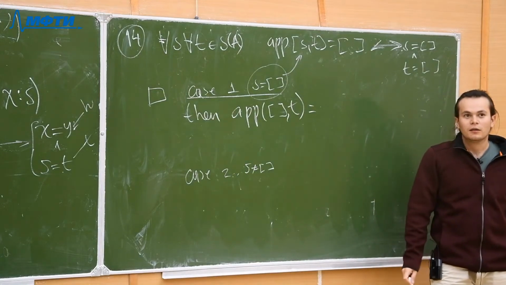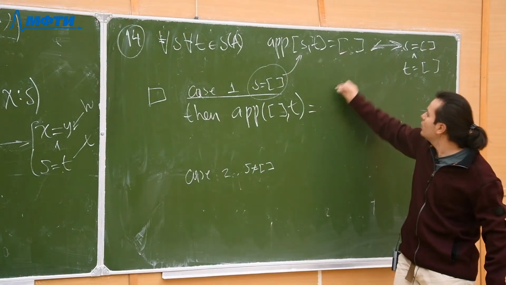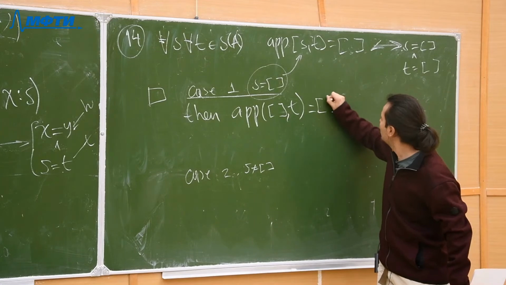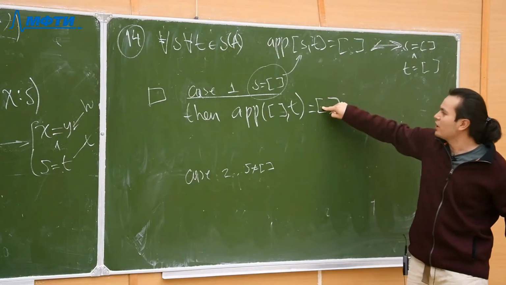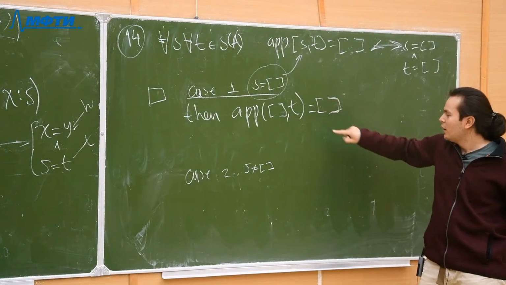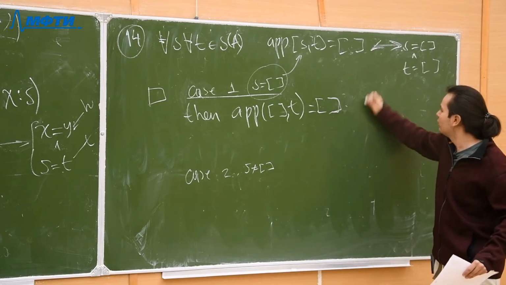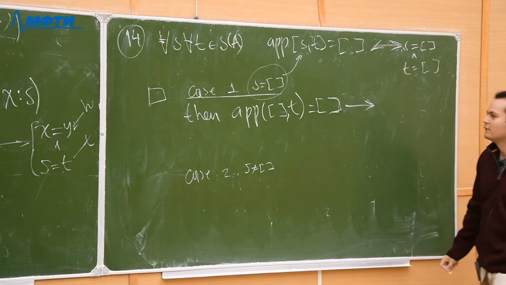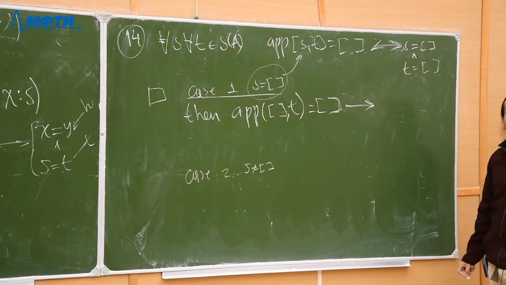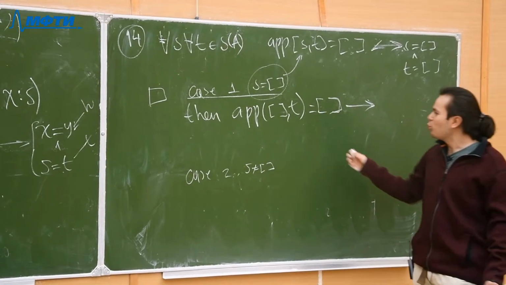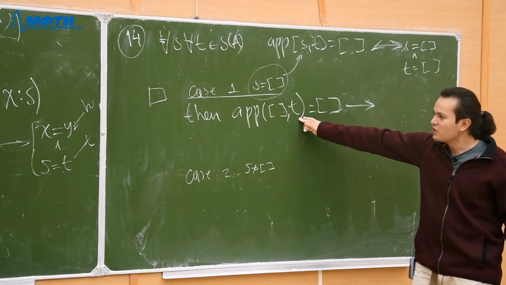This is equal, and this should be empty, right? So what do we need to look at?